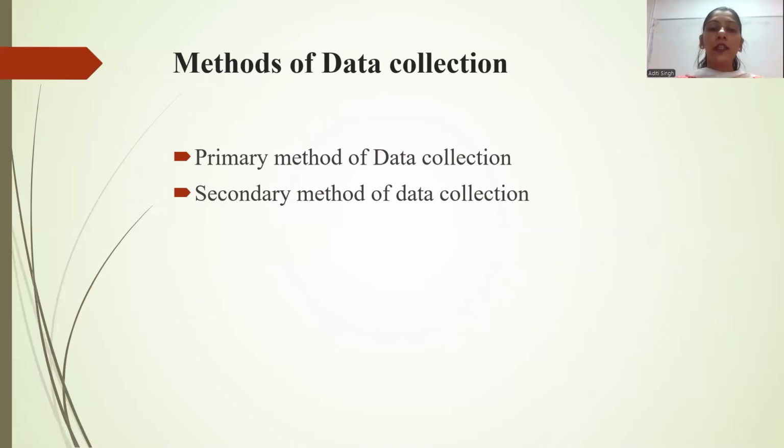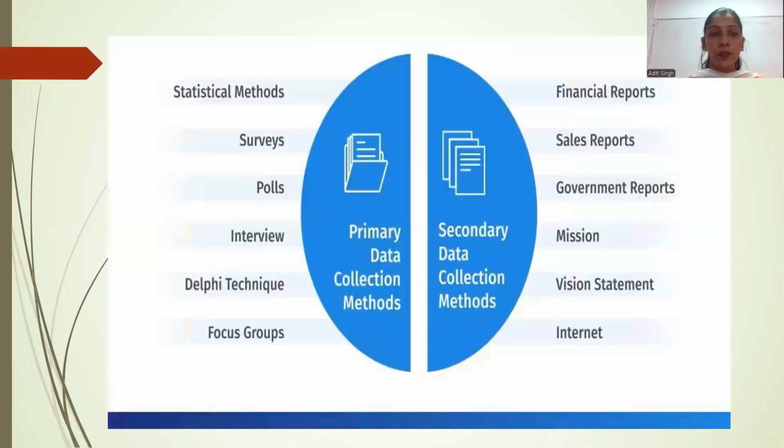As we can see in this diagram, if we are collecting data through a primary source, then we can collect it through survey, questionnaire, interview, focus group discussion, statistical methods, polls, Delphi methods, etc.